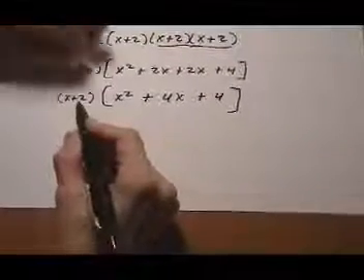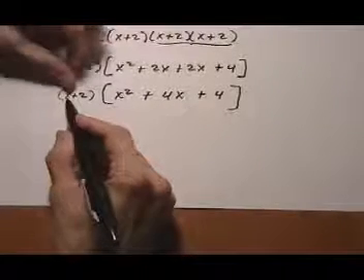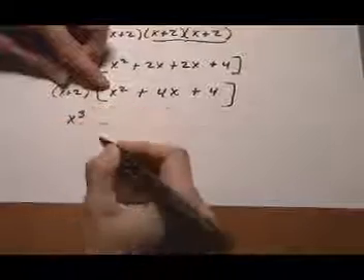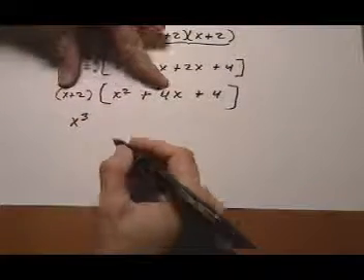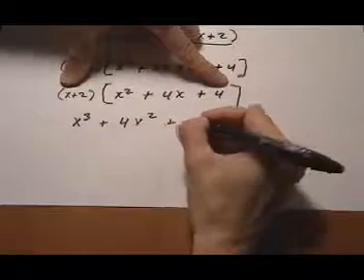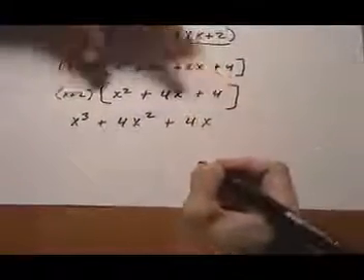Now we can go ahead and distribute this other one here. So x times x squared gives us x cubed. X times 4x is plus 4x squared. X times 4 is plus 4x.